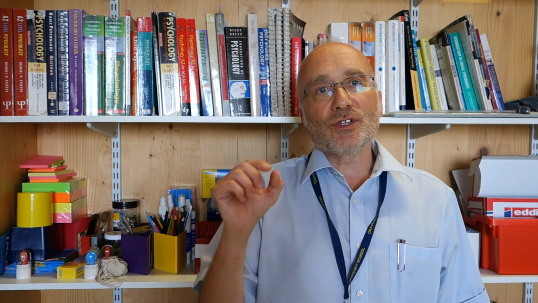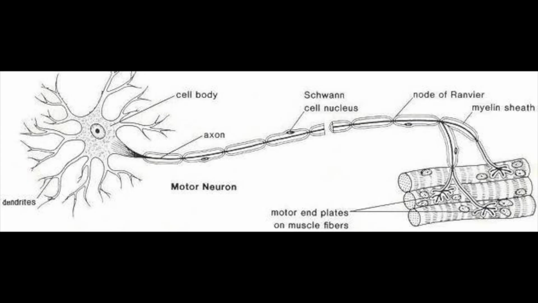These axons don't synapse onto the dendrites of other nerve cells. They make a specialised connection with something called a motor end plate on a muscle fibre. And when a motor neuron increases its firing rate, that means that the muscle fibre to which it is attached will contract.